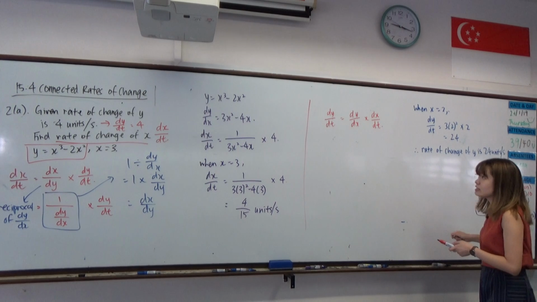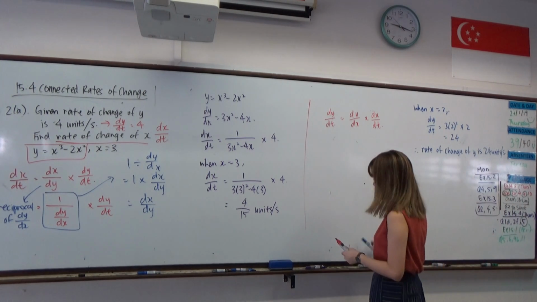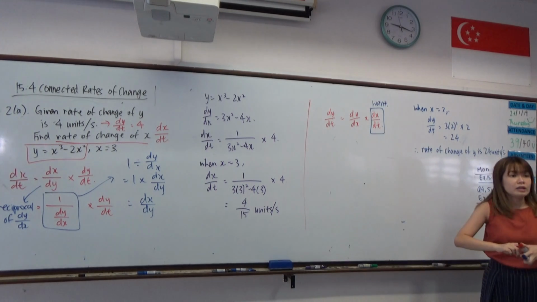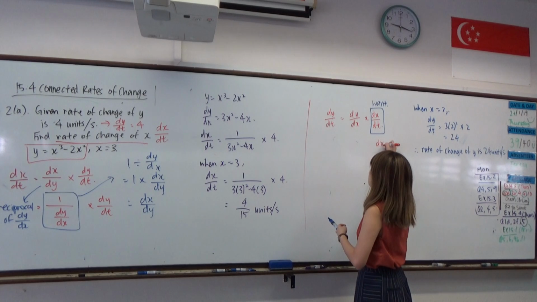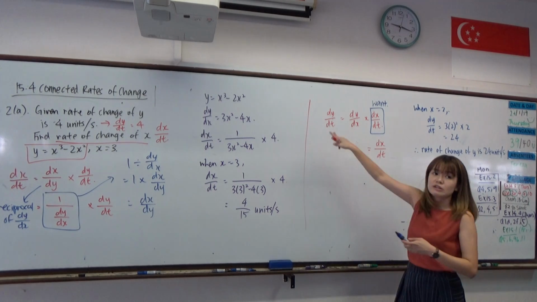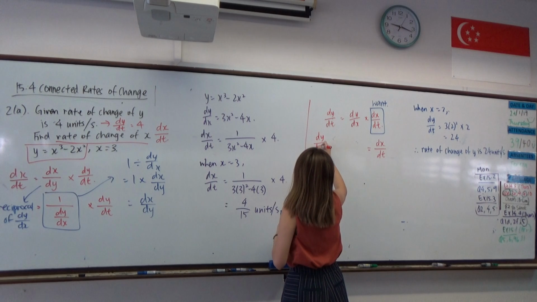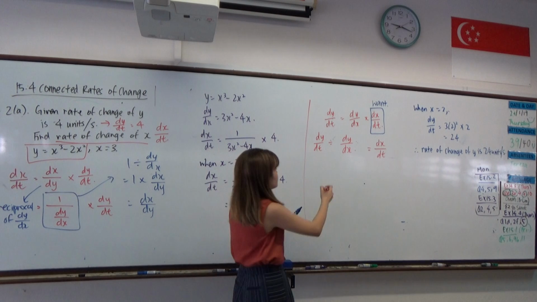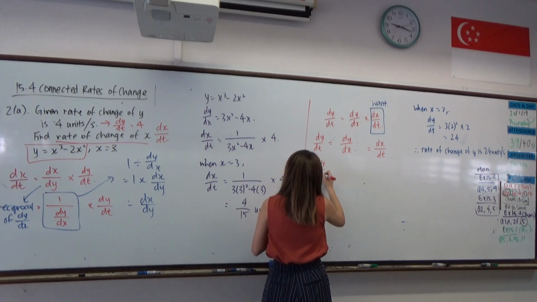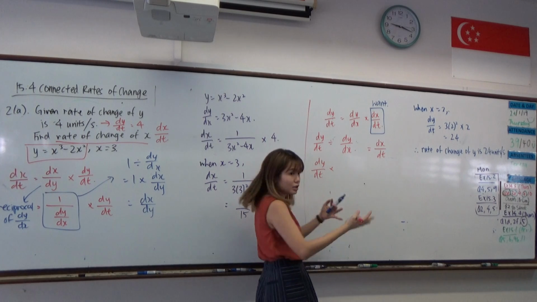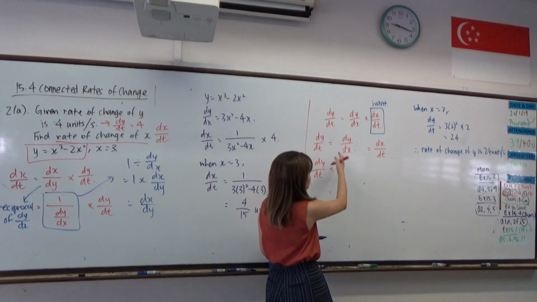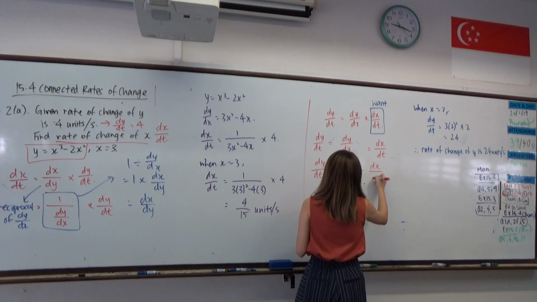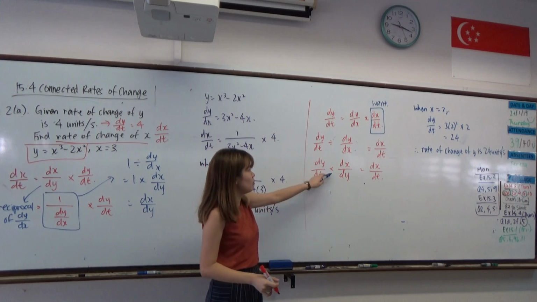What we want now is to find dx over dt. To make it the subject, we divide dy over dt by dy over dx, which in a loose algebraic manner gives dy over dt times dx over dy. We disregard the idea that this is notation.